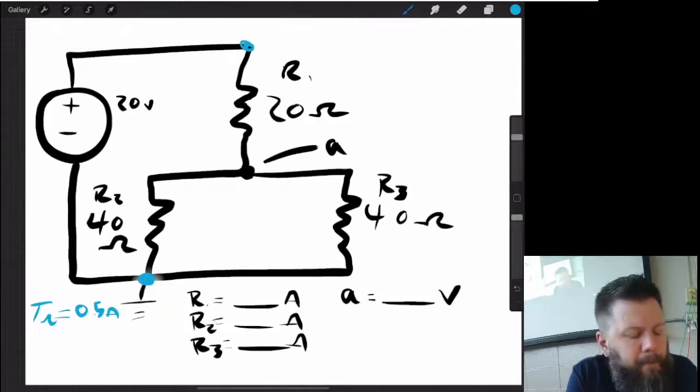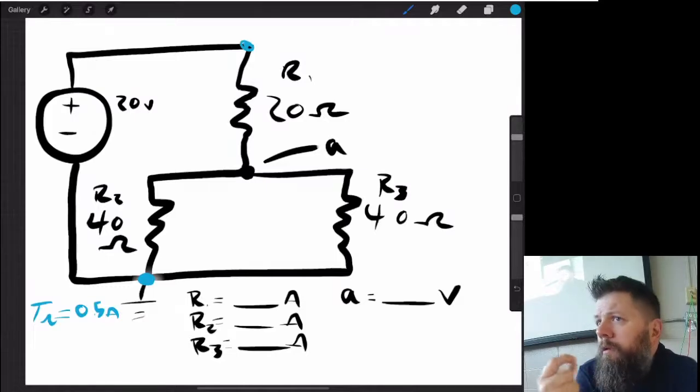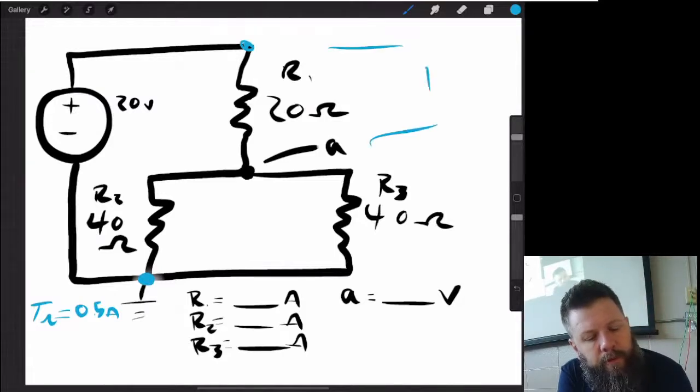So what's the voltage drop across that top 20 ohm resistor? We got 0.5 amps across 20 ohms. What was that voltage drop? 10 volts. All right, so we got 10 volts across there.